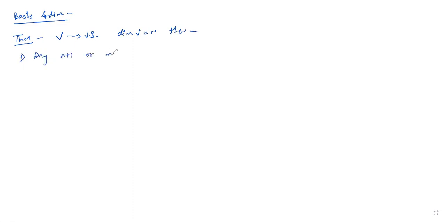In the previous lecture of basis and dimension, we have studied our last theorem. We have studied that if I have a vector space V, and the dimension of this vector space V is n, then any n plus 1 or more vectors in V are linearly dependent.